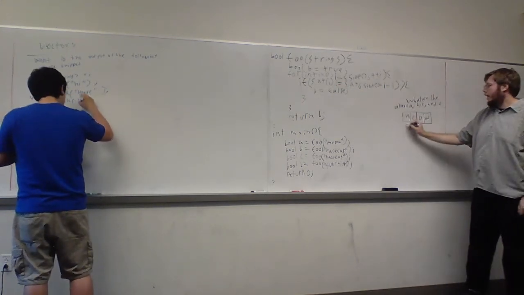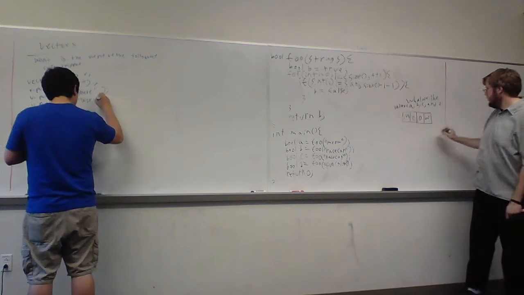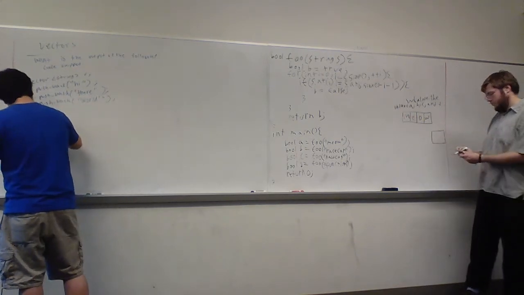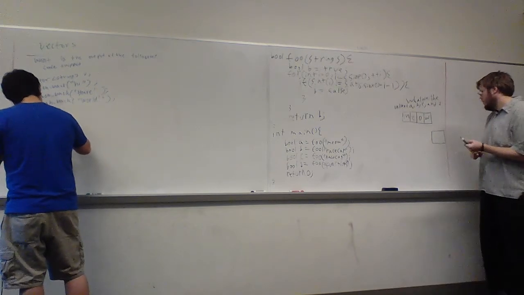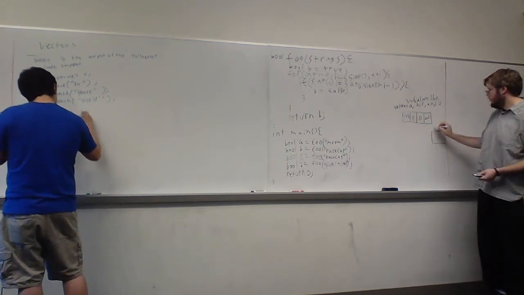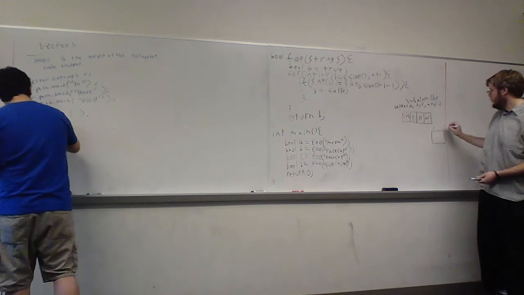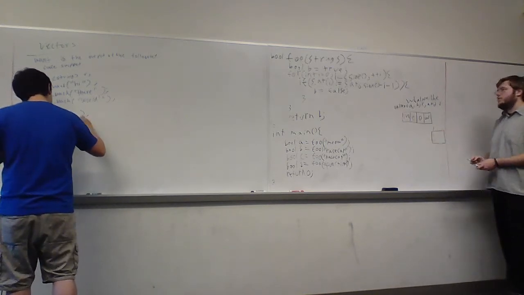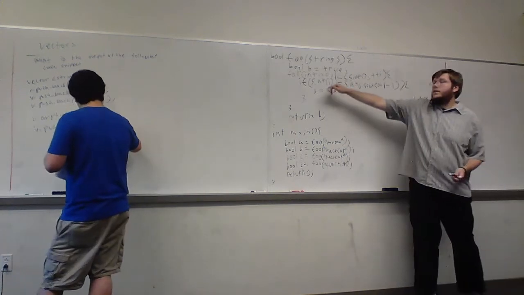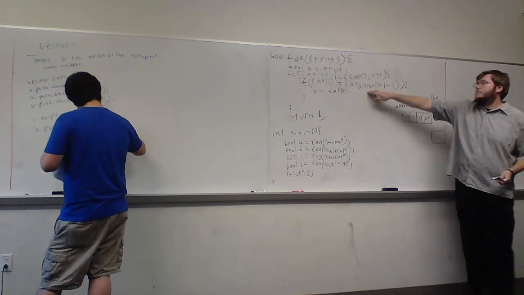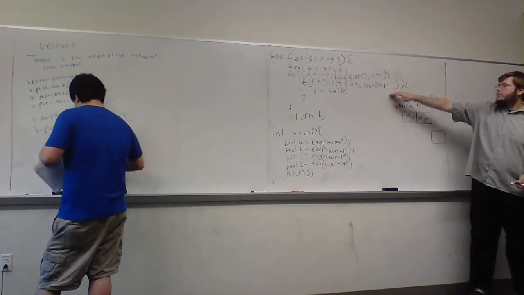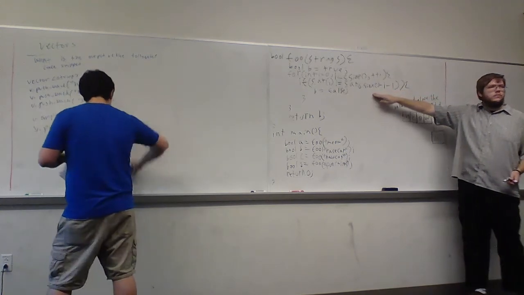So I is going to be equal to 0. So when I is 0, it's going to look at s.at(I), and what is s.size() minus 1 going to be for meow?